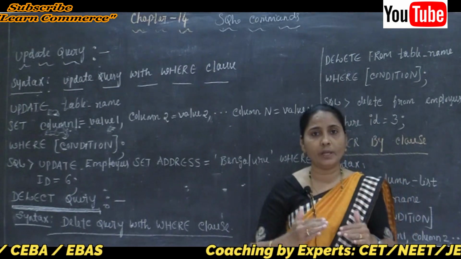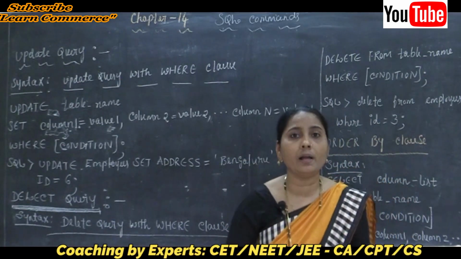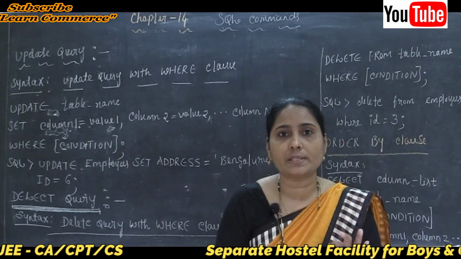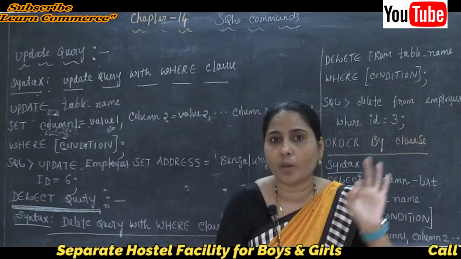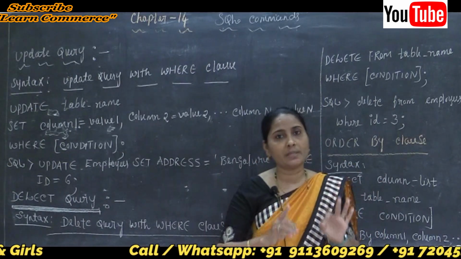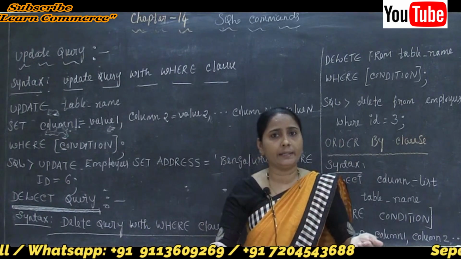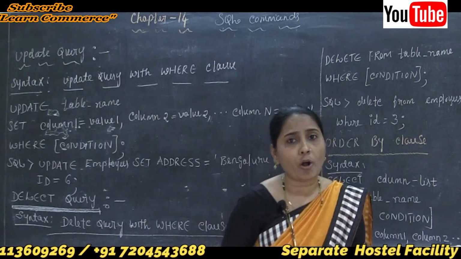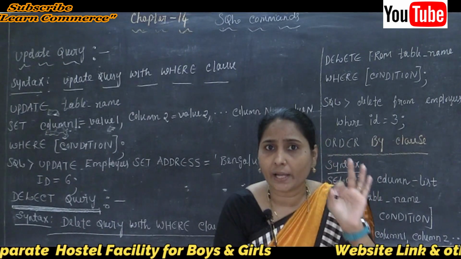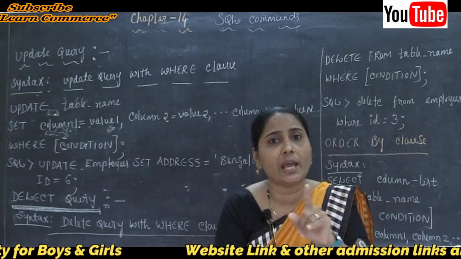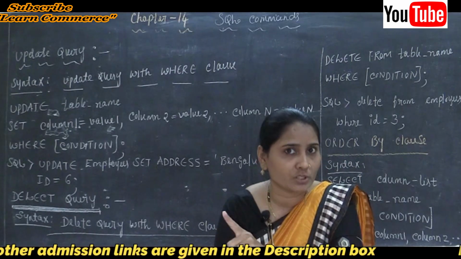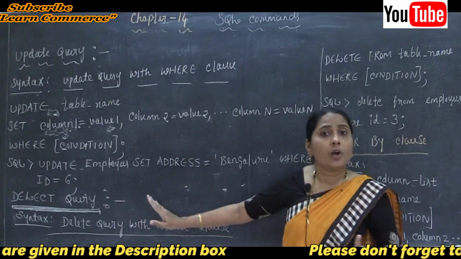In the employees table, one column is the address, and we already entered the value for the address as Bangalore. I used that spelling, Bangalore, as the value for the address column here.